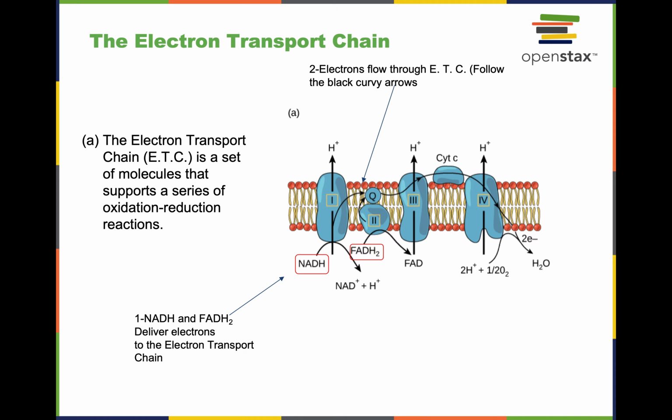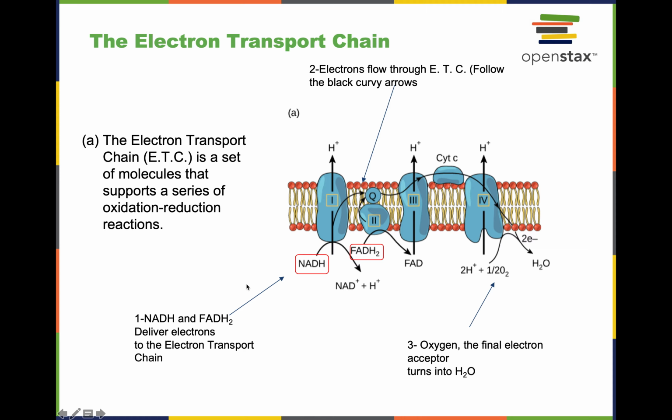So what happens to the energy? It's not going to disappear. That energy of going to a high energy state and then coming back is harvested to pump hydrogens against their concentration gradient into the intermembrane space. That happens as a result of electrons flowing through the chain. And then, as I mentioned, finally oxygen, the final electron acceptor, turns into water.